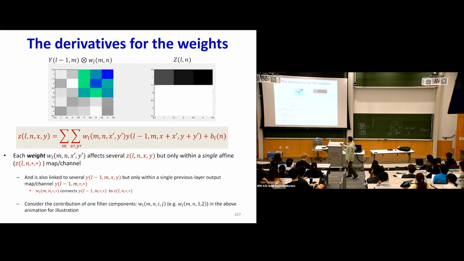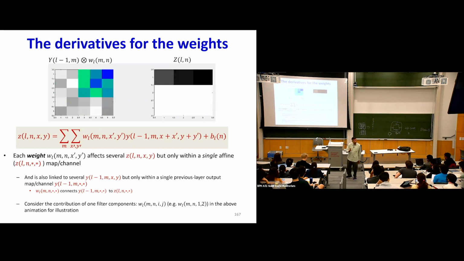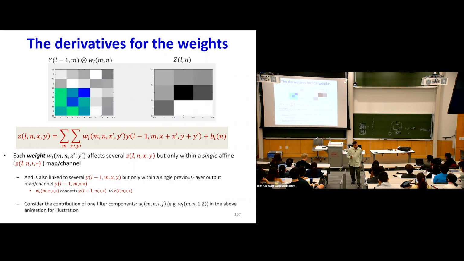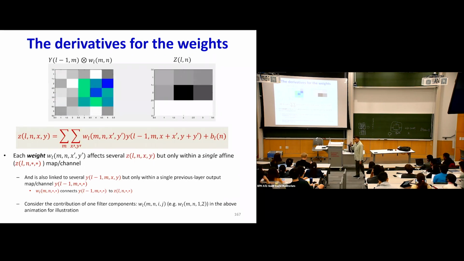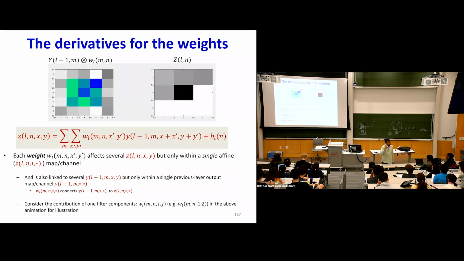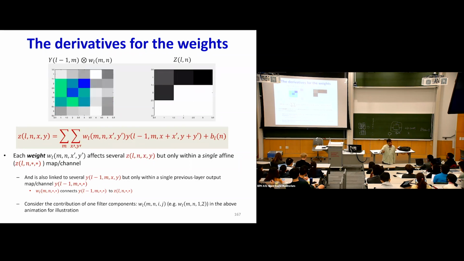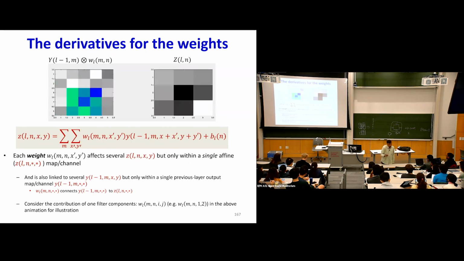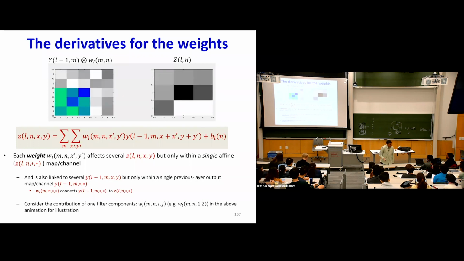But you see this central blue element is used in the computation of every one of the outputs, right? So every filter affects every position, but only of a single output channel. A filter channel works only on a single input channel and is used only to compute a single output channel, but within that output channel it influences every single position.